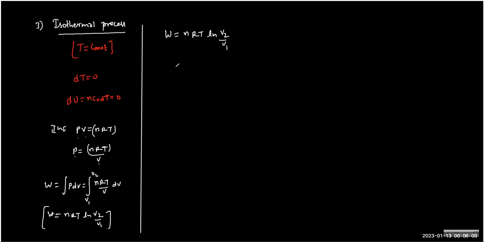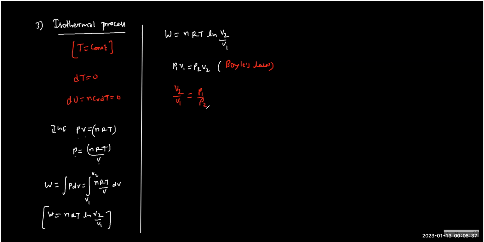V2 by V1. And because we know P1 V1 equals P2 V2, which law is this called? Boyle's. Robert Boyle, in his honor, we call it Boyle's law. And from here, the ratio V2 by V1 we can also write as P1 by P2.